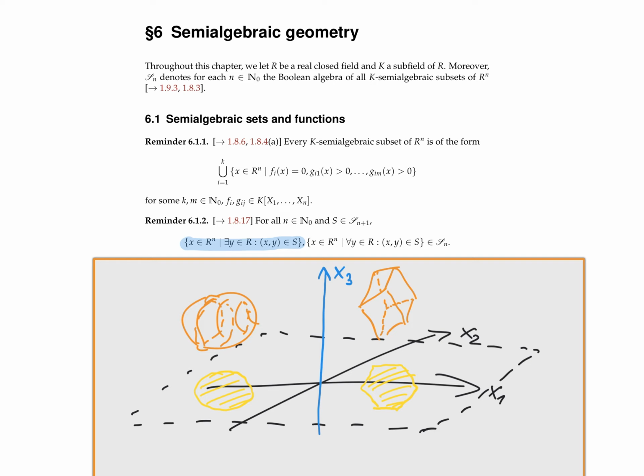You look at your object and you look at which parallels of the x3 axis are entirely in your object, and then you draw all the intersections of these parallels to the x3 axis with the x1, x2 plane. So I think you know what I mean. And that's semi-algebraic by the quantifier elimination.